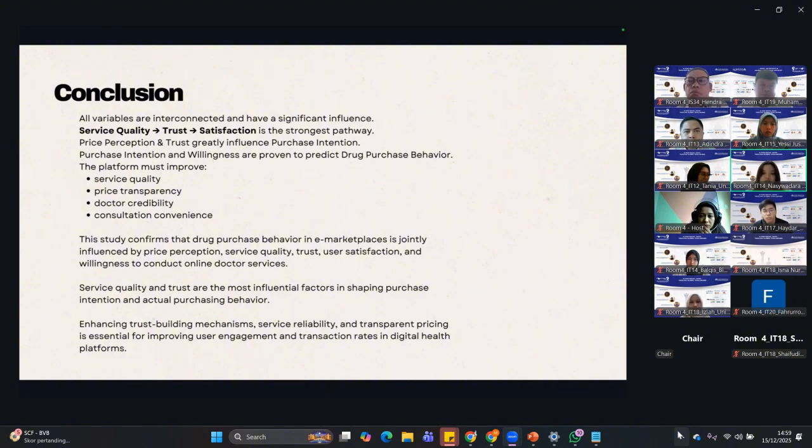Service quality and trust are the most influential factors in shaping purchase intention and actual purchasing behavior. Therefore, marketplace platforms should focus on improving service quality, price transparency, doctor credibility, and consultation convenience to enhance user engagement and transaction rates.